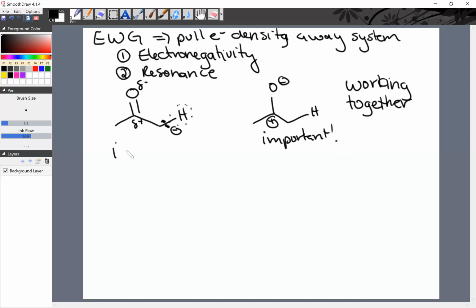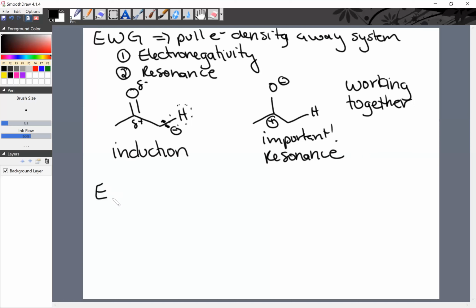So the induction and the resonance, which is all nice and lovely, but they don't always have to work together. So who has a dual nature? And again, this is a jolly term.